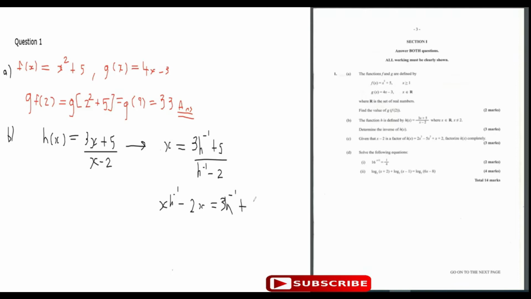So all we need to do is make h inverse the subject. Bring this over here and this over here, and we get x h inverse minus 3h inverse equal to 2x plus 5.